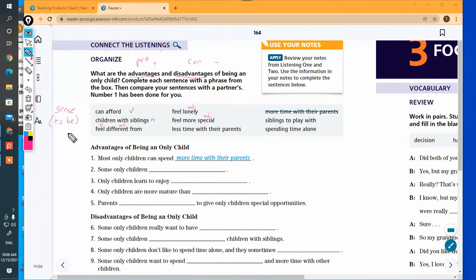They don't mean the same thing, but they have the same function as to be verbs or the same abilities. And these are verbs like feel, look, seem, appear, and become. There are more verbs that have this ability. So the idea is after a to be verb or a sense verb, when you're using it this way, you're going to use an adjective.